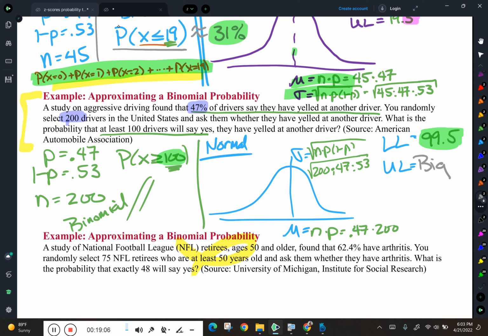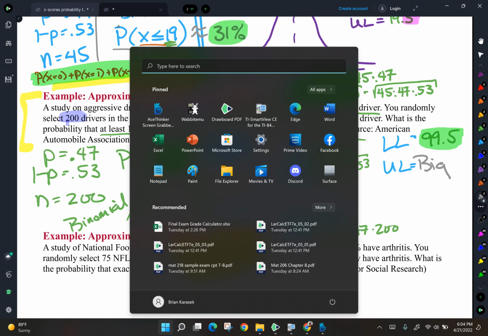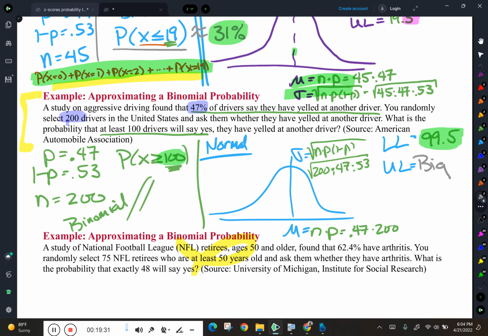All right, so I'm going to grab my calculator. Where's my calculator? My thing is frozen up. I'm going to pause. Oh, please, please, please come back. Oh, it's stuck.